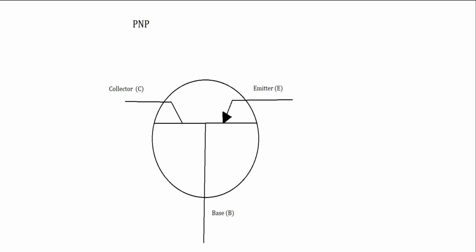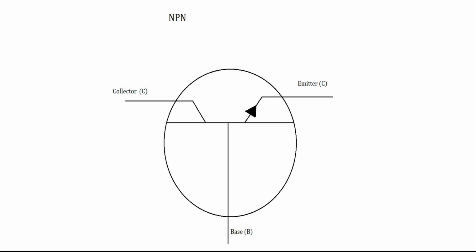The arrow is pointing in on a PNP. Just take the first two letters of PNP, PN, pointing in. On the other one, where the arrow is pointing out, it is not pointing in. Just take the three letters, NPN, and you have not pointing in.